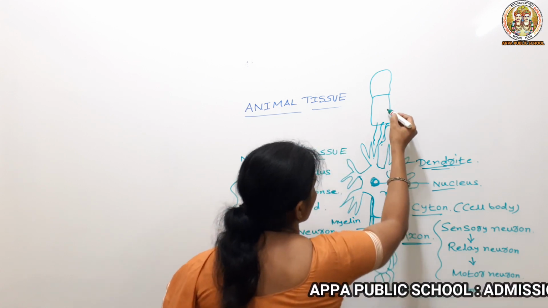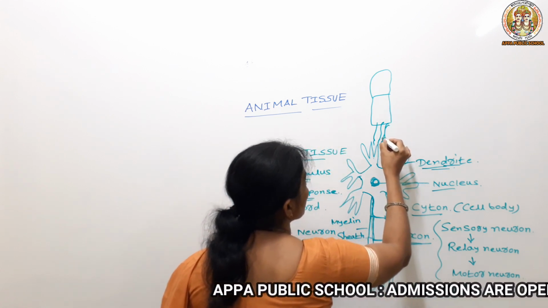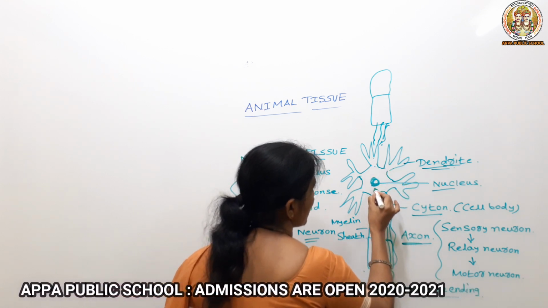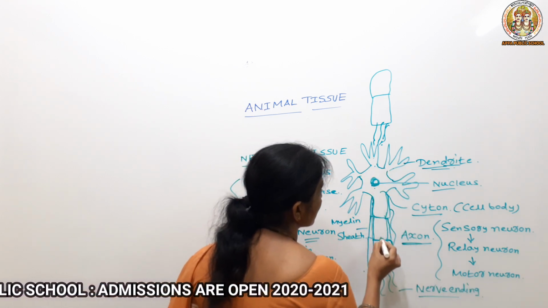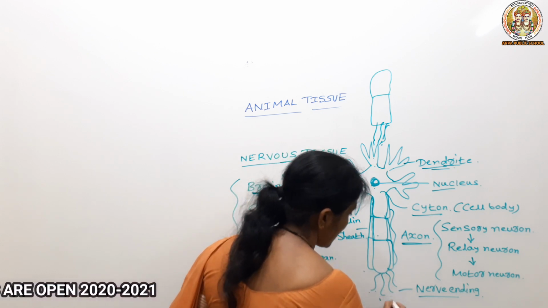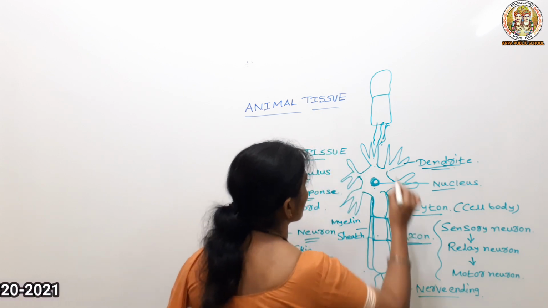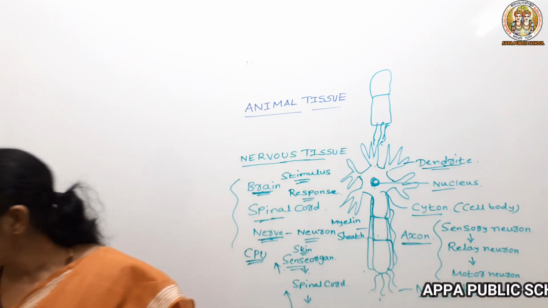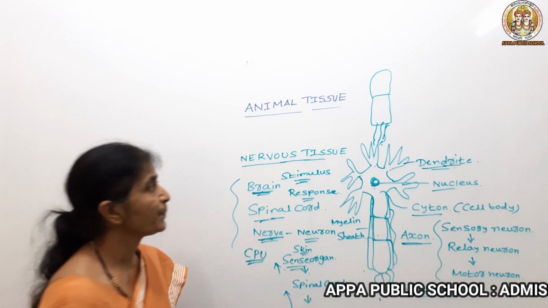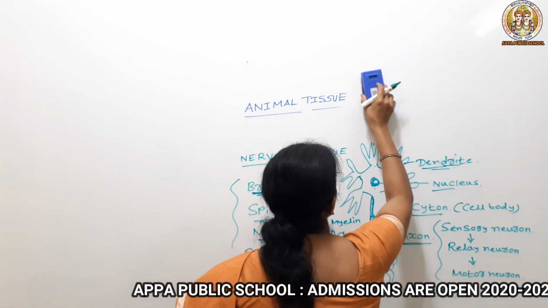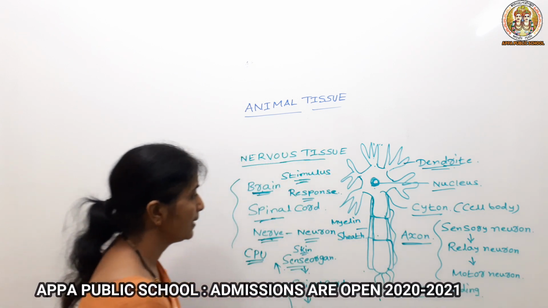In this way the message is sent from one neuron to the dendroid, then the nucleus takes that message, and through the axon it moves to the axon terminals or nerve ending, and again it is sent on. In this way, one neuron is connected to another, and within a fraction of a second they bring back the message.